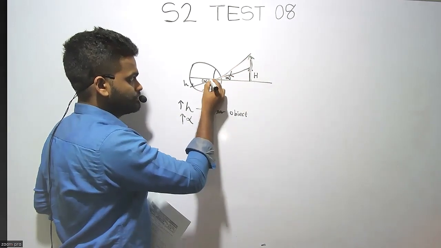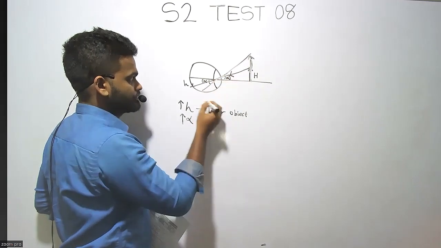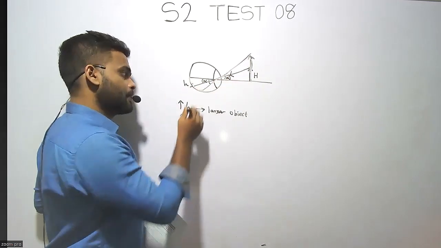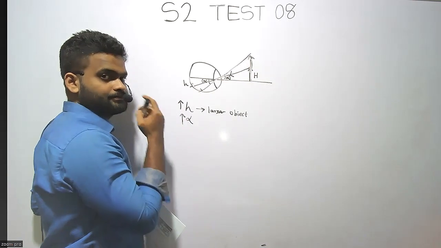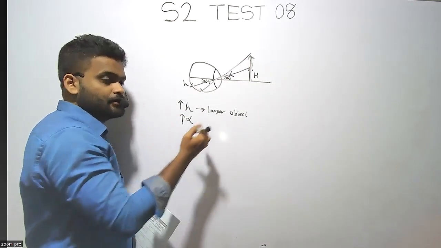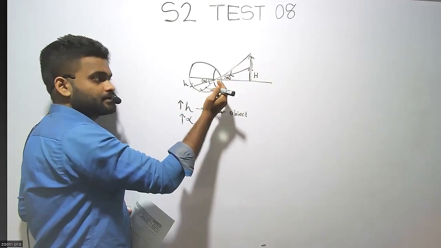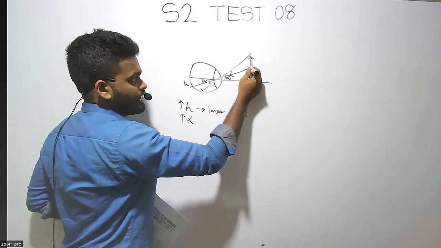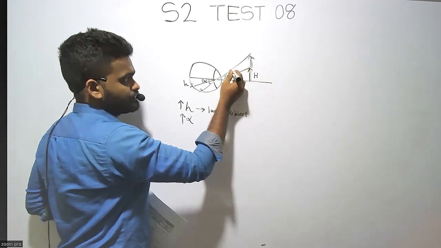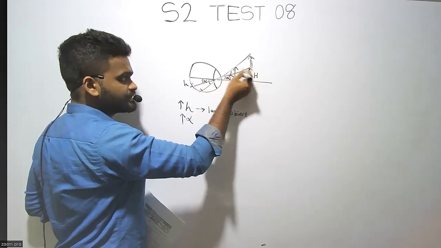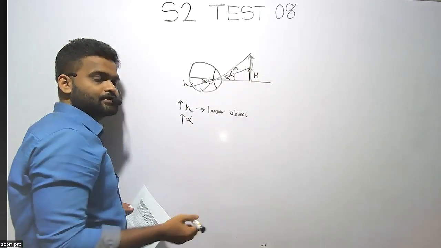So you make a bigger angle of vision, creating a larger image on the retina. The other one is you have to bring the object closer. Let's say you have the same size of the object, but you bring it somewhere here. So still you are making a larger angle of vision.